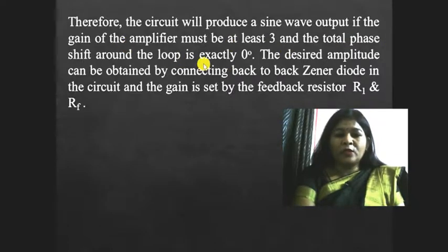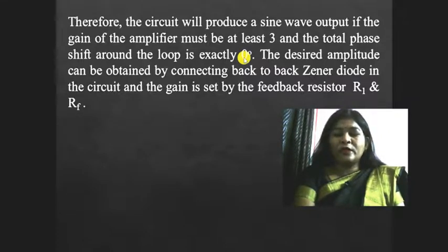This is the basic difference between these two oscillators. The total phase shift around the loop in the Wien bridge oscillator is 0 degree, but in the RC phase shift oscillator, the phase shift around the loop must be 180 degree with the help of the feedback network, and the total phase shift will be 360 degree.